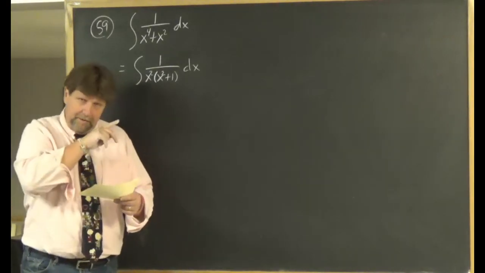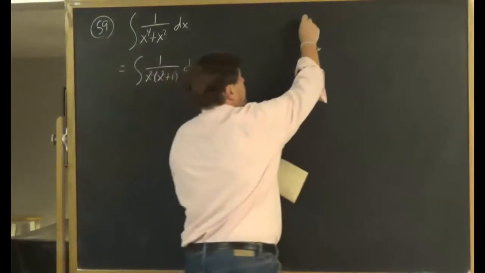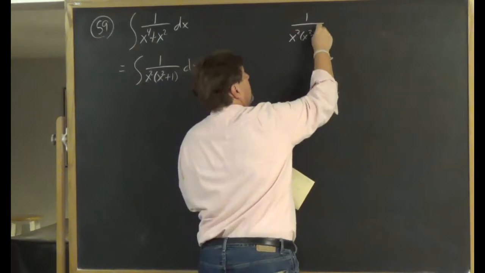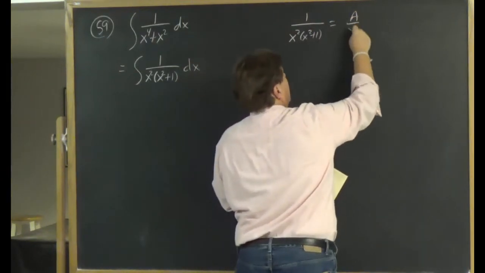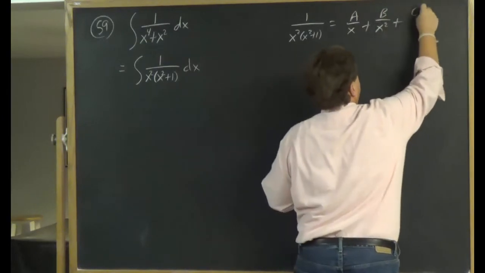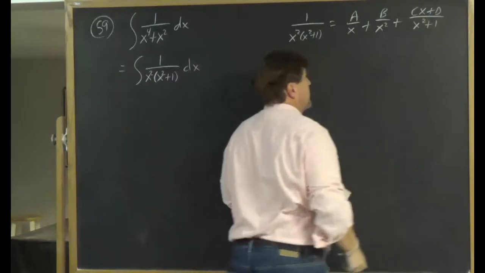In fact, I'll come over to the side here and set up what the partial fractions would look like. You have A over x plus B over x squared plus Cx plus D over x squared plus 1.